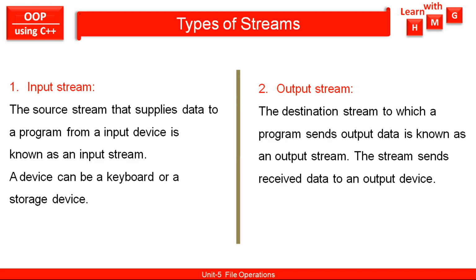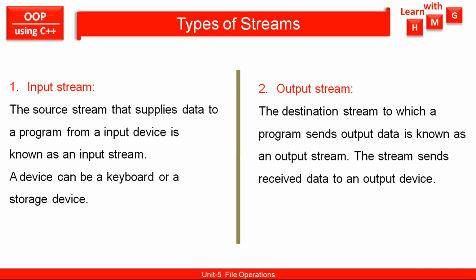Output stream. The destination stream to which a program sends output data is known as an output stream. The stream sends received data to an output device. So this output stream acts as a destination for the output data generated by the program.